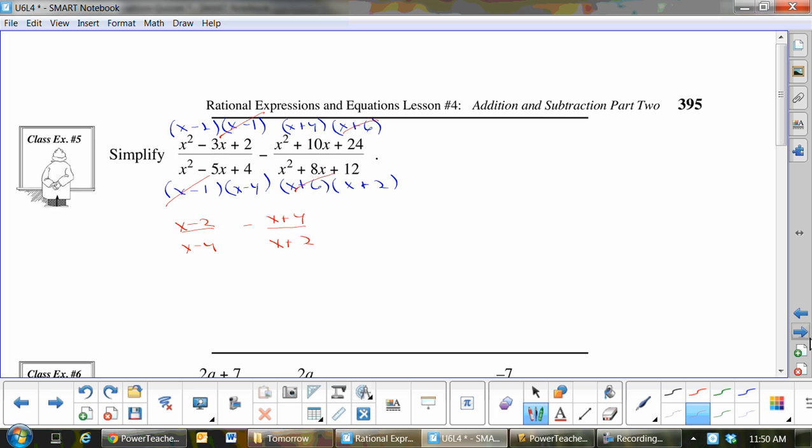How do I subtract these two? What do we need? Okay, what would be a common denominator? X minus 4, x plus 2. Okay, x minus 4, x plus 2, x minus 4, x plus 2. Okay, what do I have to do to x minus 2?